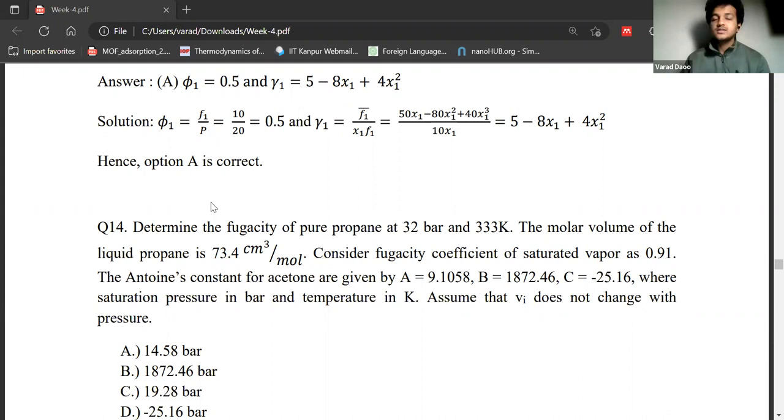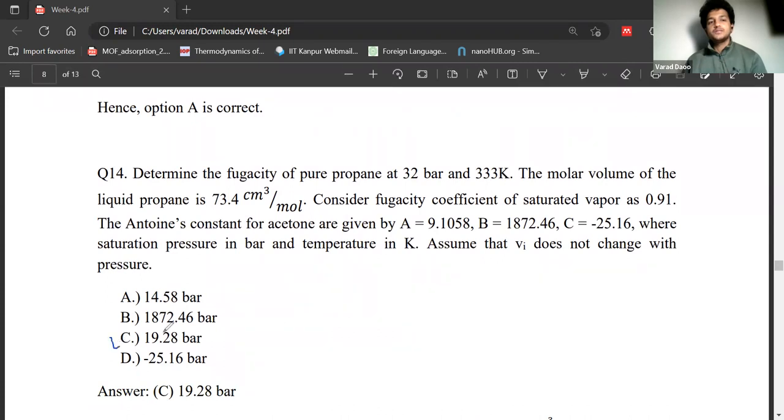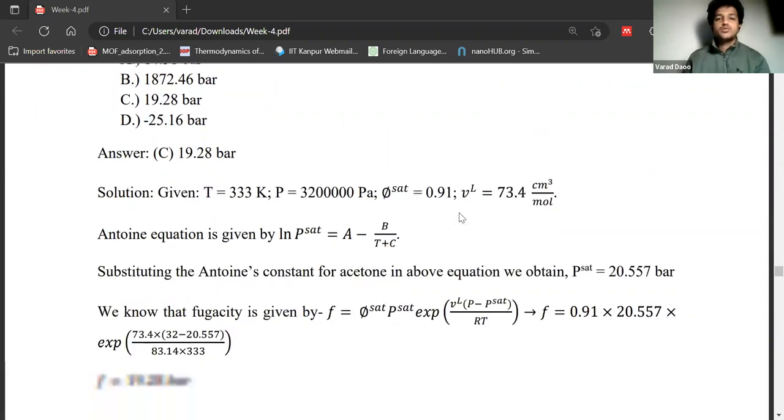So, anybody got any answer? The correct answer is option C, 19.28 bar. Anybody got it? Let me try to solve the question.